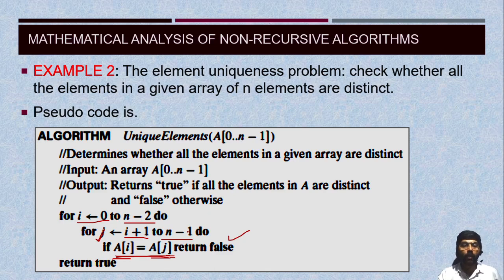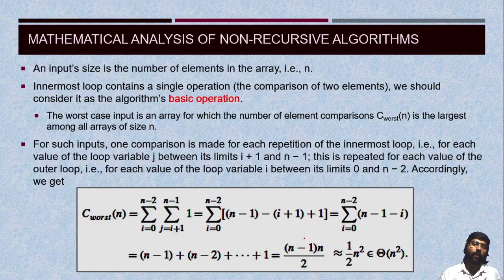Now using this idea, we have to apply some summation formula to calculate the worst-case efficiency or the order of growth of the algorithm. For that, first find out C worst. I am applying two summation formulas here, one for the inner for loop and another for the outer for loop, and this one indicates the basic operation of the algorithm, the equality operator.